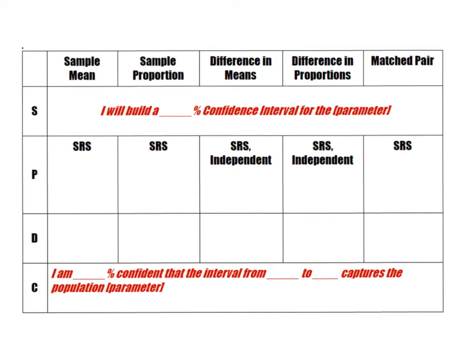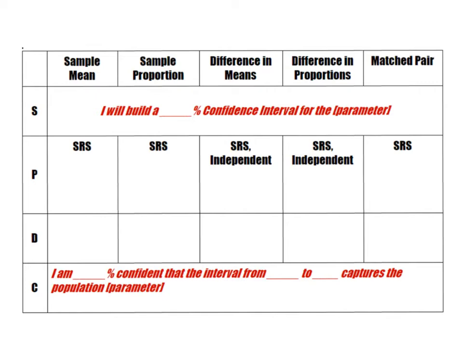That difference is sometimes called effect size. So again, what I wrote up here is that this is what you gathered, and then you're building the interval for the population parameter.